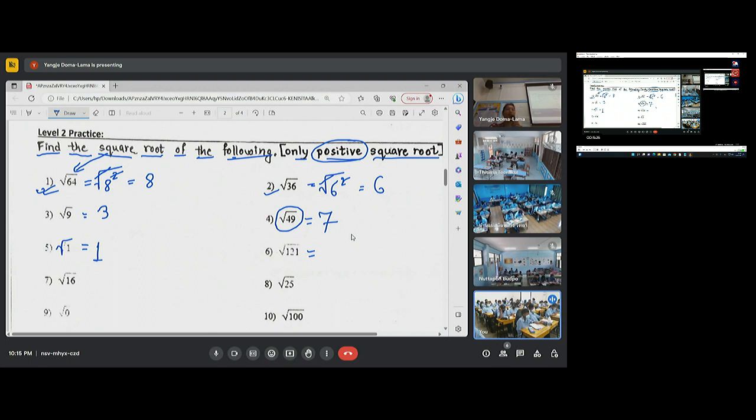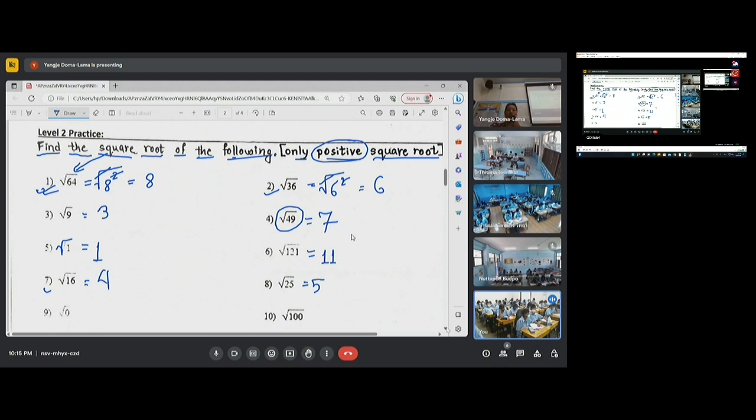Root 121 is how much? 11. Number 7, what is this? Root 16 is 4. Number 8, what is this? Root 25 is 5.